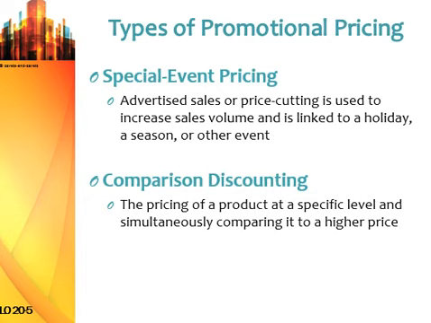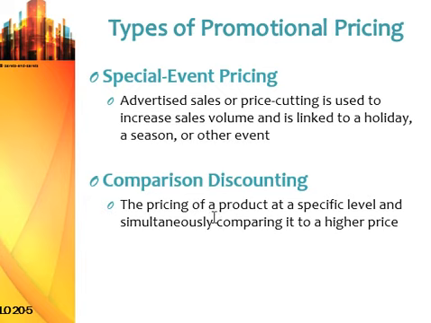Special event pricing is when advertised price cutting is used to increase sales volume and is linked to a holiday, a season, or other event. In the United States, during normal non-holiday days, most people do not shop at stores. They just go there for window shopping, and they wait for a holiday or some kind of special season where prices are dropped considerably.